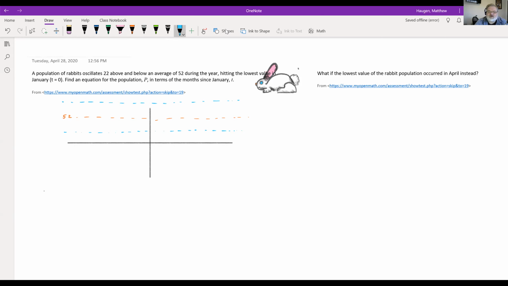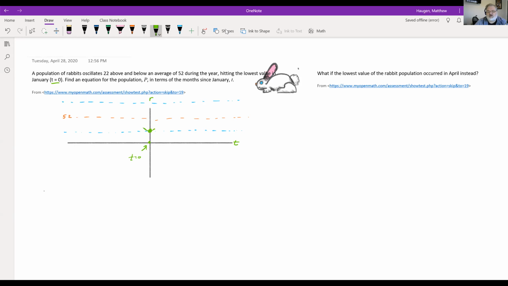Hitting the lowest value in January. Where we put January is really up to us, but then they tell us t equals 0. So that's our t axis, and that's our rabbit graph. At t equals 0, we're told that's our minimum. If that's the minimum, then the graph has to go up from there.